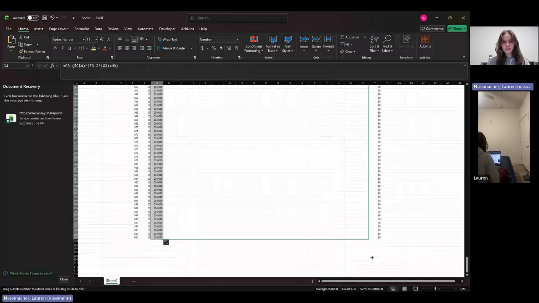So scroll back up to the top and you will see that's how our heat is transferring across the rod over time, right?